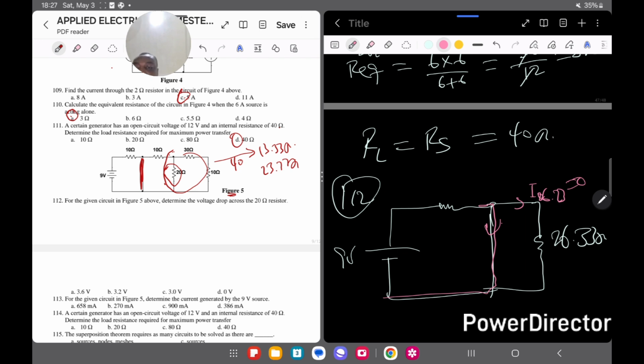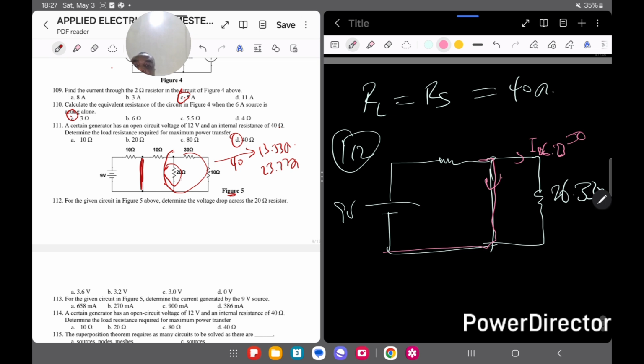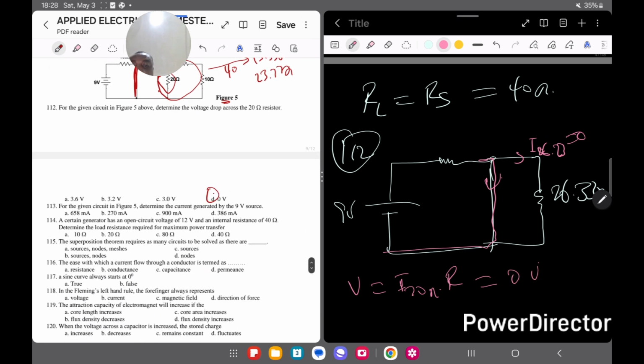As a result, the voltage across the 20 ohms becomes 0. So the voltage across this will be the current through it times its resistance. Because here the current is going to be 0, no current will pass through the other side because of the wire. So it gets 0 volt. So the voltage drop here becomes 0 volt.